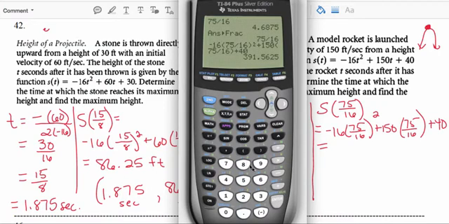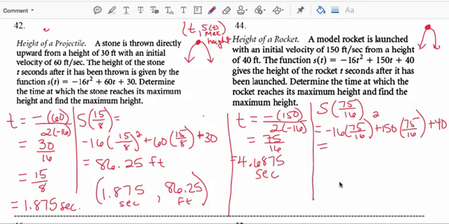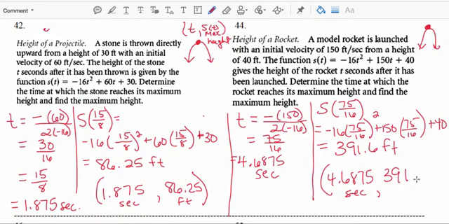And that gives us 391.5625. And we can round that up to 391.6. Okay, so what we have just found is after 4.6875 seconds, our rocket has reached its maximum height of 391.6 feet.